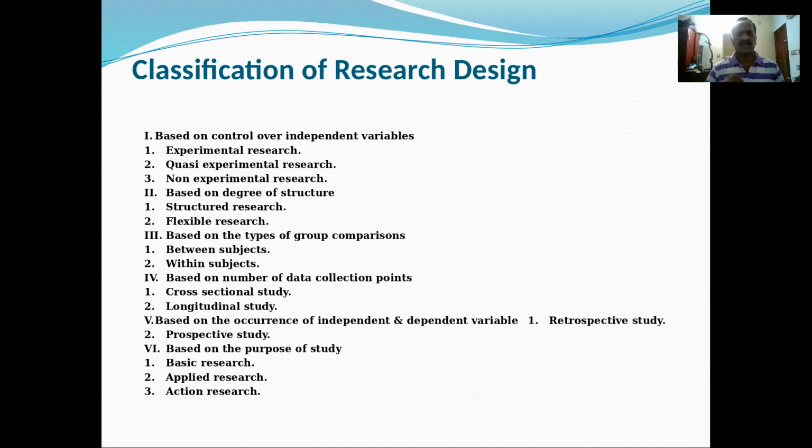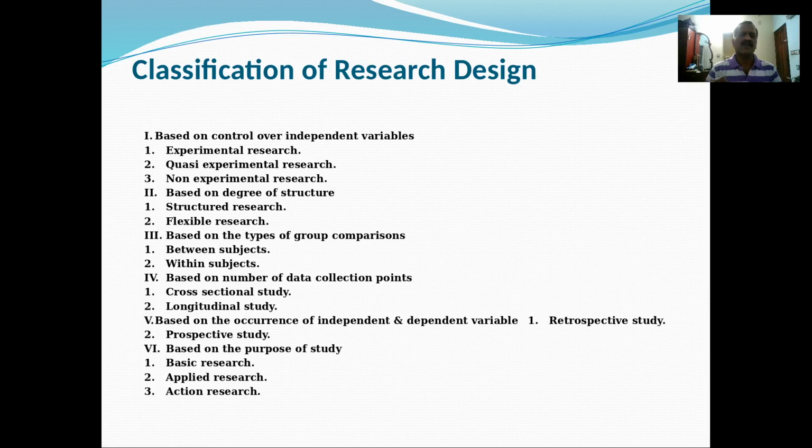The first classification of research design is basically based on the behavioral or sociological scientists. They classify research design based on some factors.